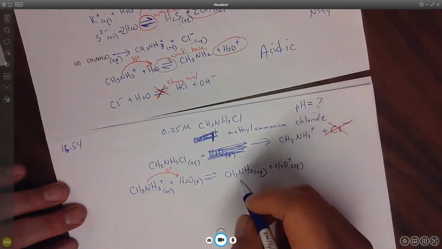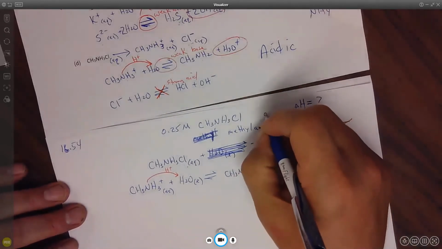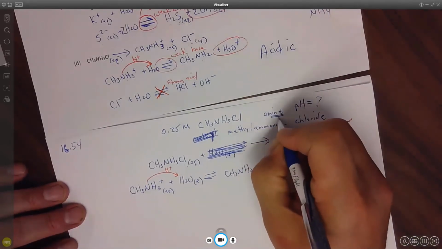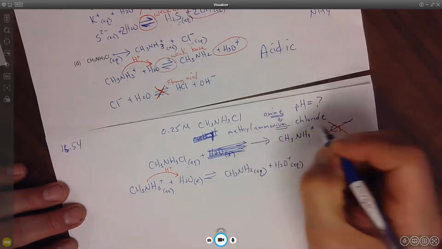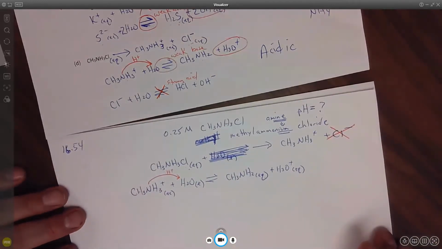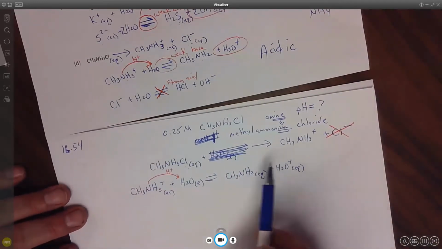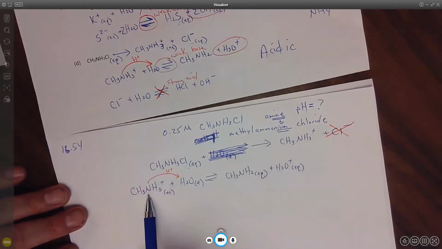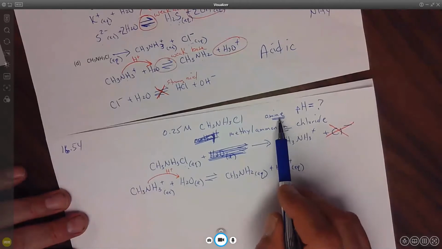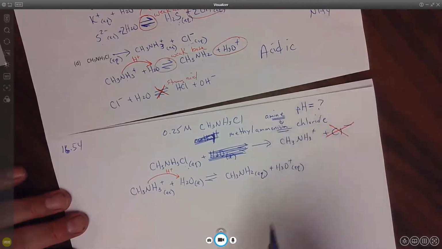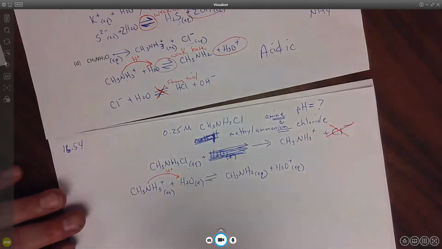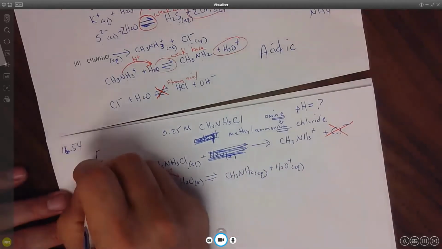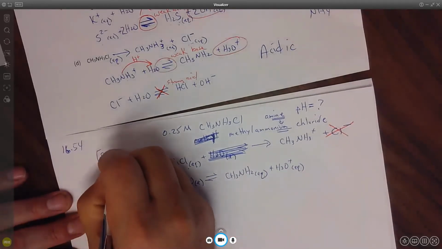So for the amines, the -ine goes to -ium when they ionize. So the methylammonium ion goes to the methylamine. So this is our methylamine, and part of the question is asking, what is the concentration of methylamine?